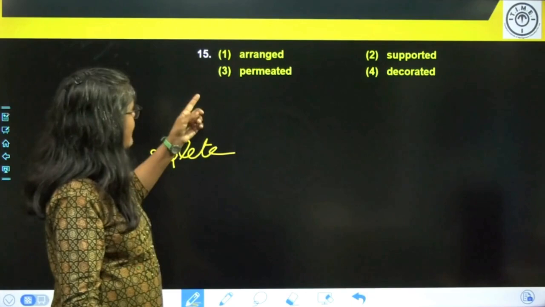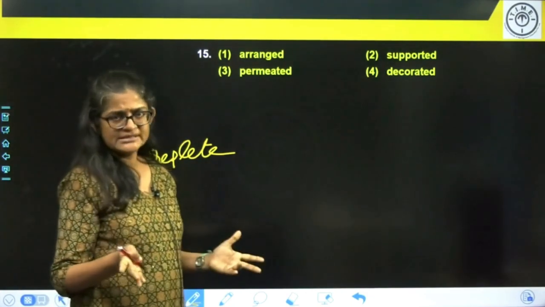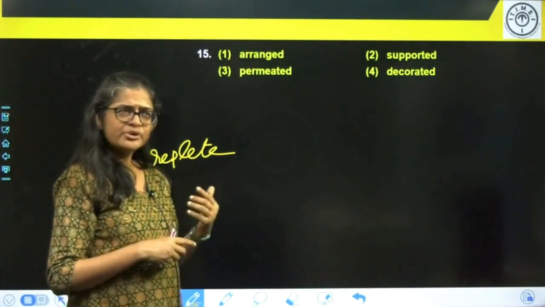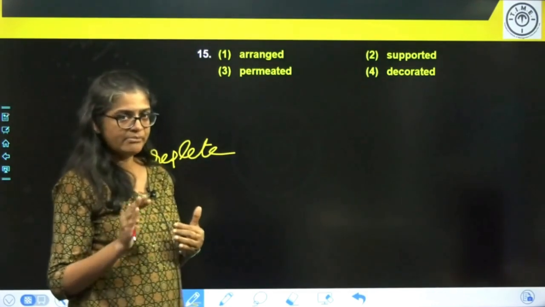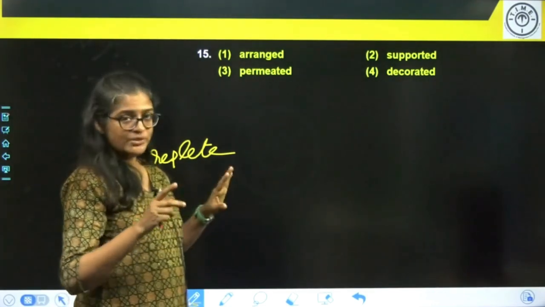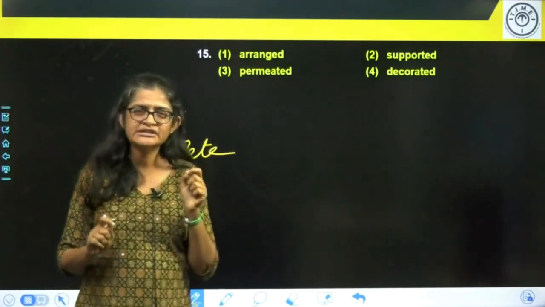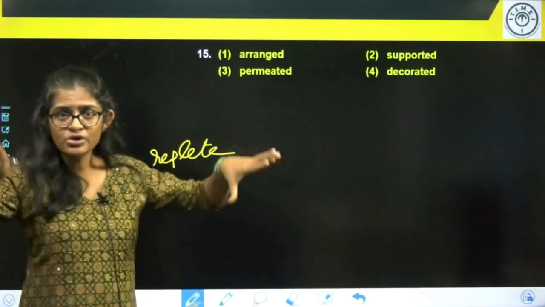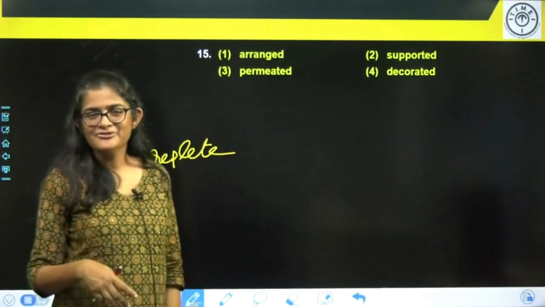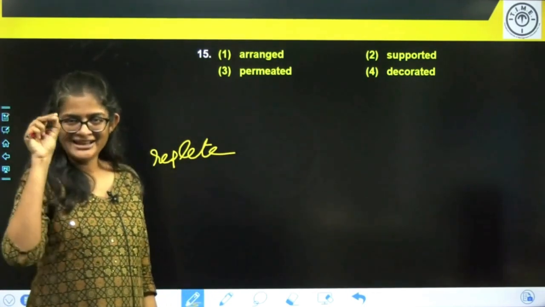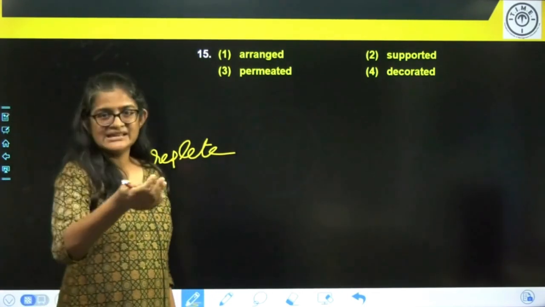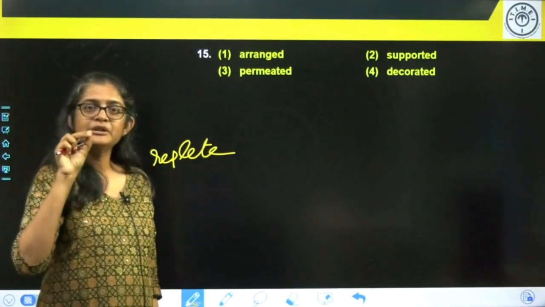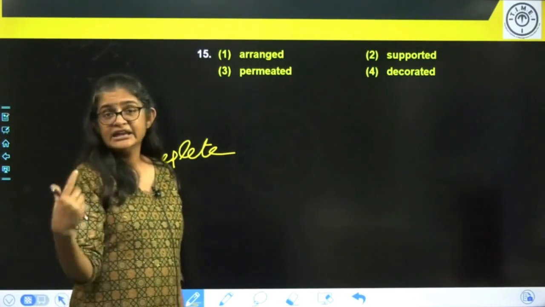So what we have is arranged with, doesn't make sense. Supported with, no, supported is followed by. Permeated with, let the word stay here. Decorated with means, do you put decorations all over normally? We may for Christmas, but that's not the point. Decoration is an accessory. Decorated with means there will be a few Sanskrit words here and there.